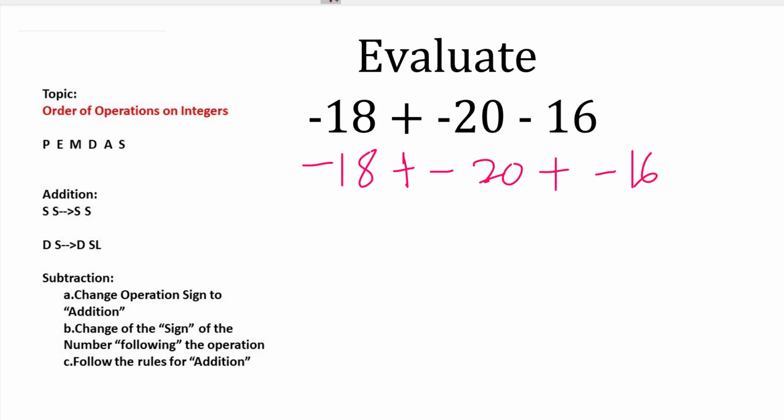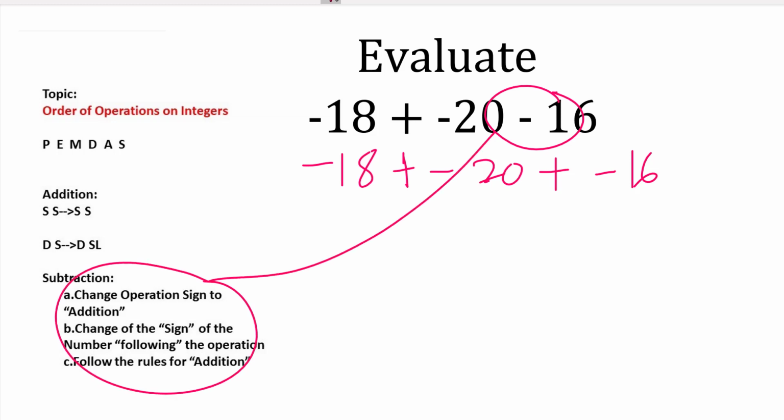Because this is a subtraction, it allows us to change that number from minus positive 16 to plus negative 16. So the operation has been changed to an addition, and now we follow the rules of addition.